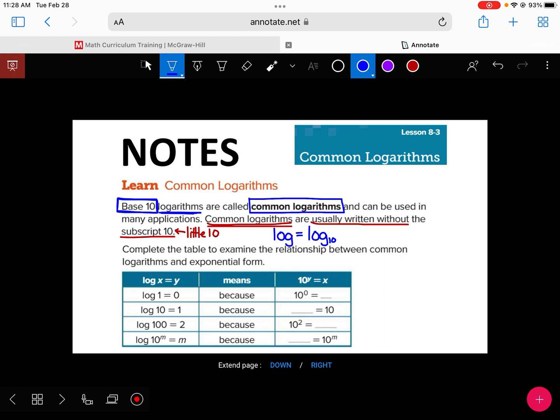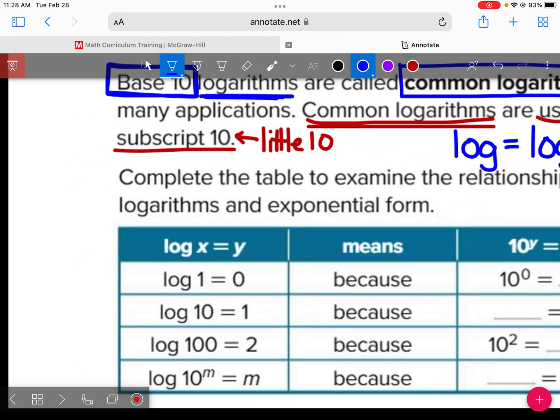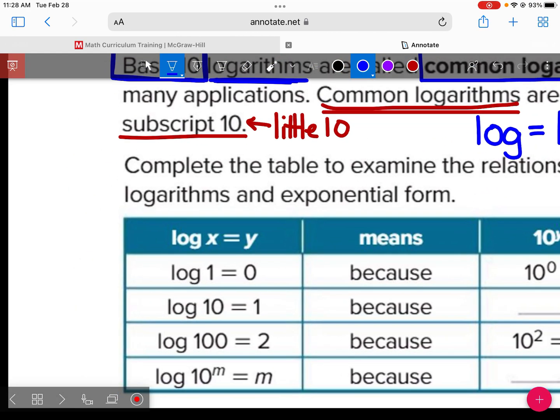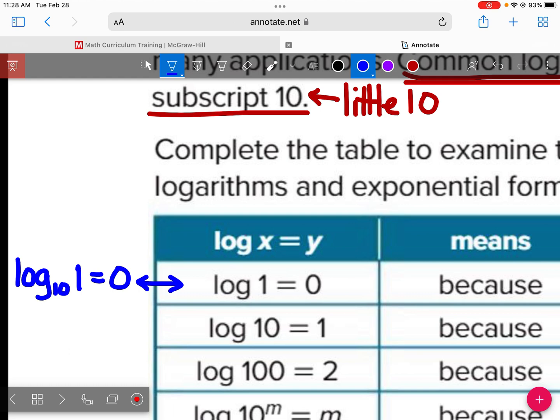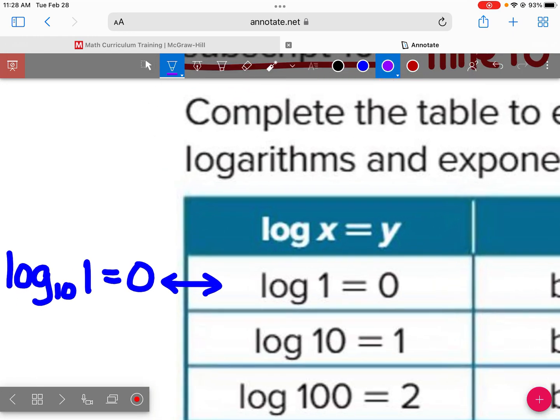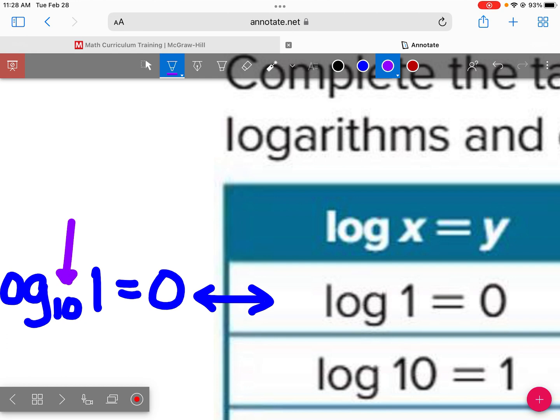So I want to fill in this table. If you see log 1 equals 0, that is exactly the same as log with a little 10, 1 equals 0. So what is the base on the common log again? The 10. There's the base.